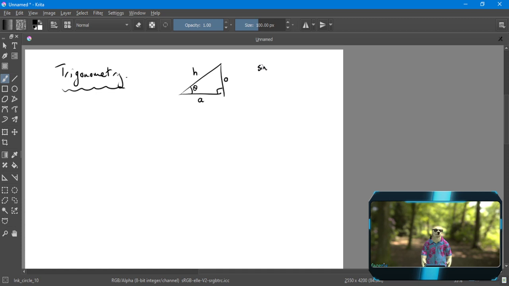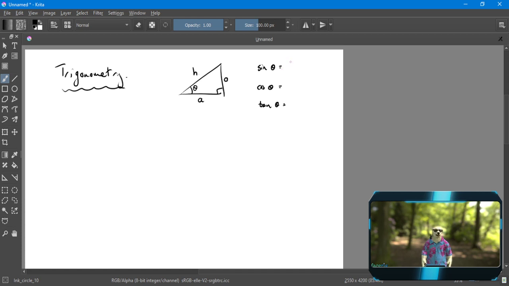And we have three ratios that are directly associated and connected with this angle: the sine of the angle, the cosine of the angle, and the tan of the angle.